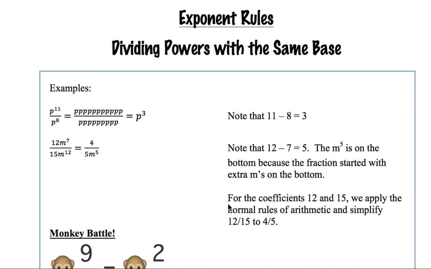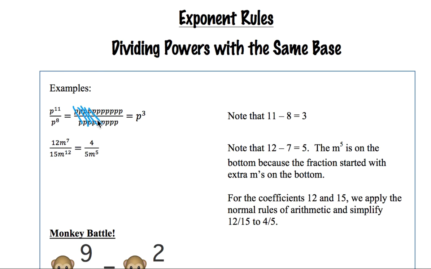All right, our next rule is looking at if we're dividing powers with the same base. So in this first example, we have p to the 11th power divided by p to the 8th power. And if we wrote that out, we would have 11 p's on top getting multiplied and 8 p's on the bottom getting multiplied. Well, p divided by p is 1, right?